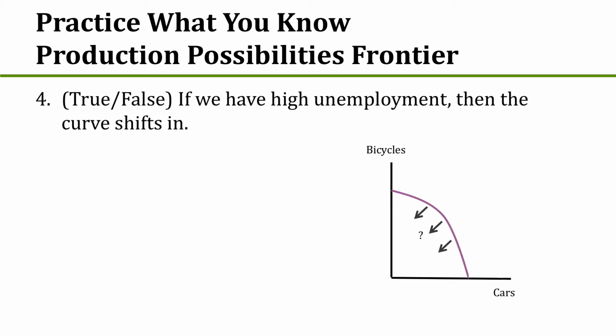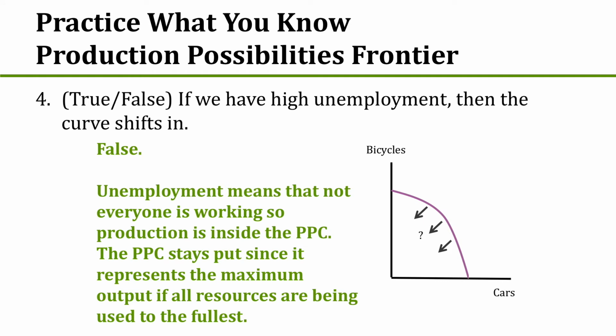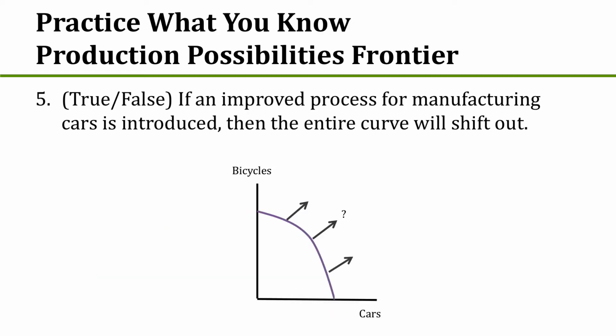So the PPF will not shift in, but the point we are producing right now will of course move from point A to point B, somewhere inside the PPF. We will not be on the PPF anymore. So if we have high unemployment, that means we are not using all of the labor. We will not be on the PPF.